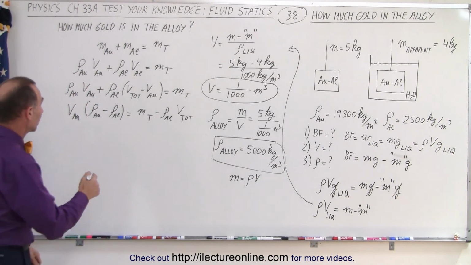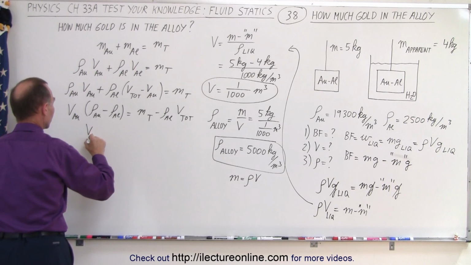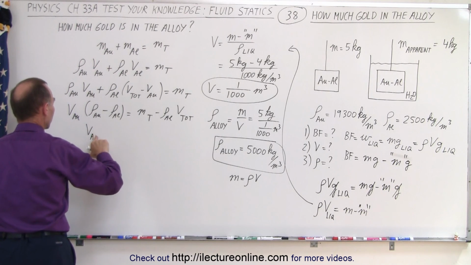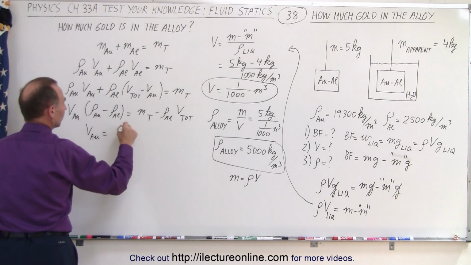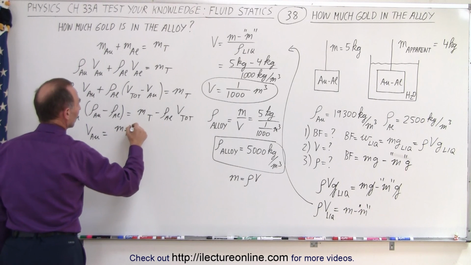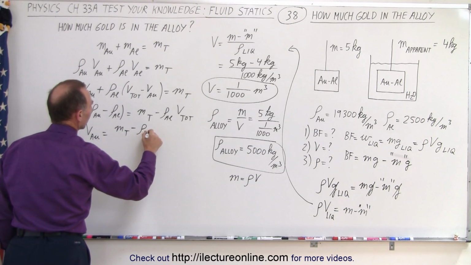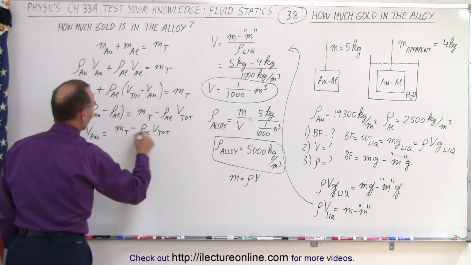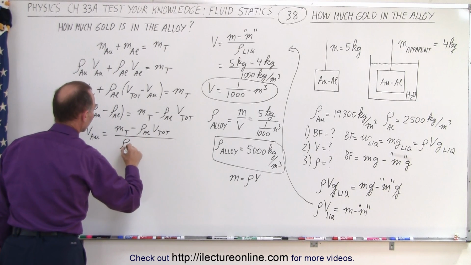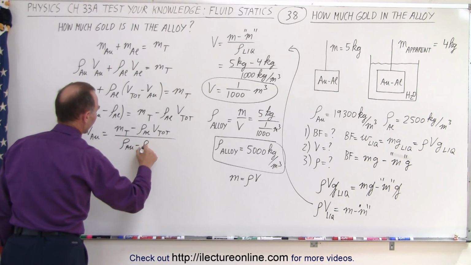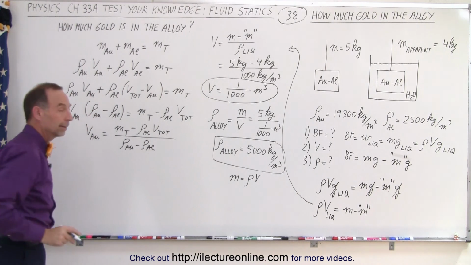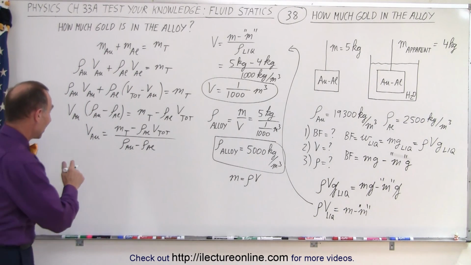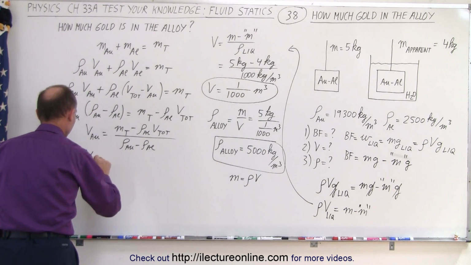And then, of course, all I need to do to find the volume of the gold is that it is equal to the mass total minus the density of aluminum times the volume total, all divided by the difference between the densities. Now I'm ready to plug in some numbers and find how much gold I have in volume.